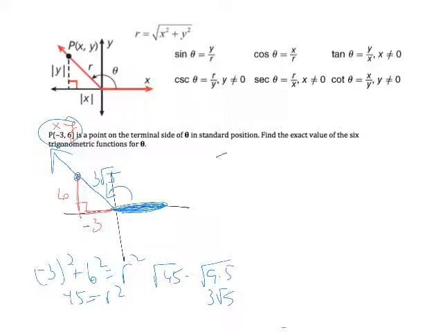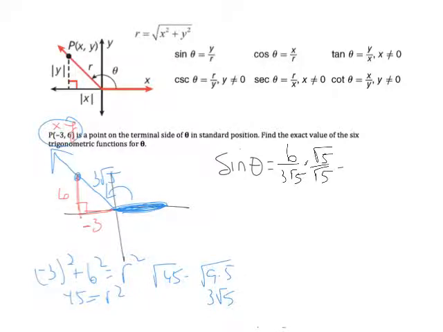Okay, so sine of theta is going to be, you can think in terms of the y over the r, or you can think in terms of opposite over hypotenuse. That's why we drew it. So it's a 6 over a 3 radical 5. You do have to rationalize that.